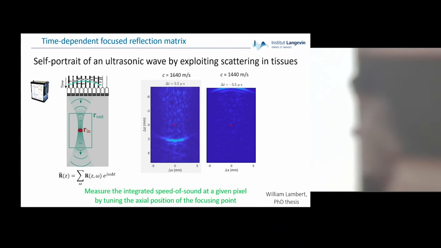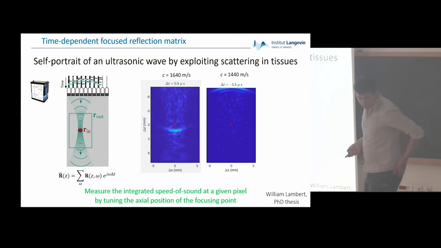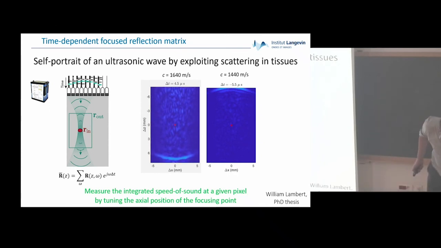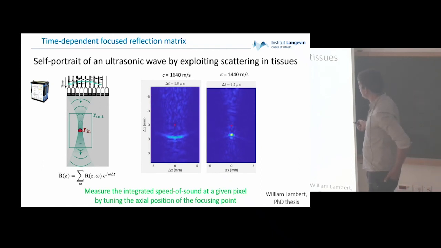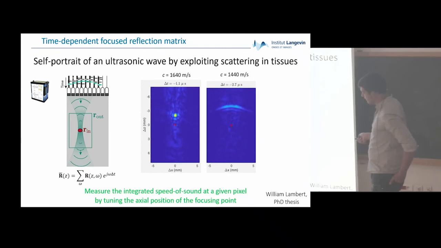Now you see that your wave field is focusing just above the targeted plane, okay? And you can use this information to try to estimate the wave velocity inside the medium. The same if you make another error. For example, if you are underestimating the wave velocity, you will focus behind the targeted focusing point, okay?